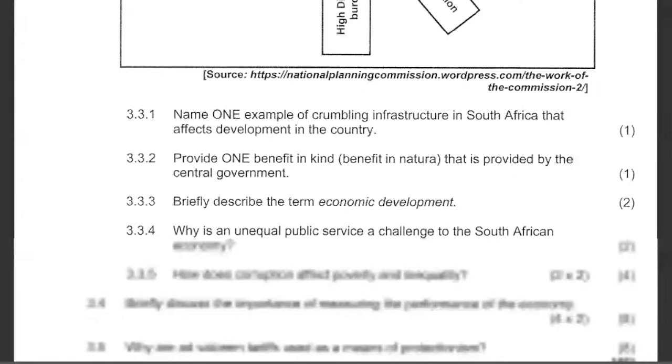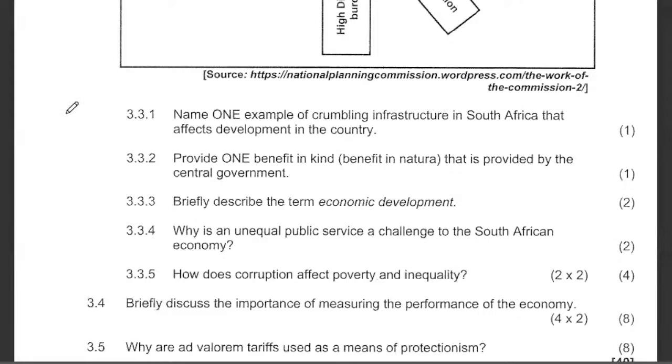Now the question says, name one example of crumbling infrastructure in South Africa that affects development in a country. So now that is corruption. 3.3.2 says, provide one benefit in kind that is provided by the central government.